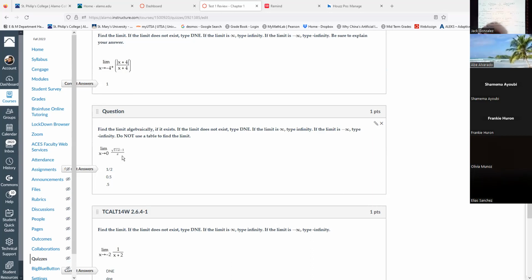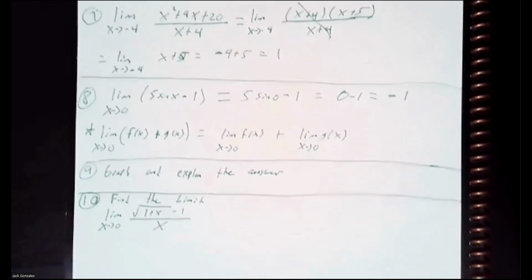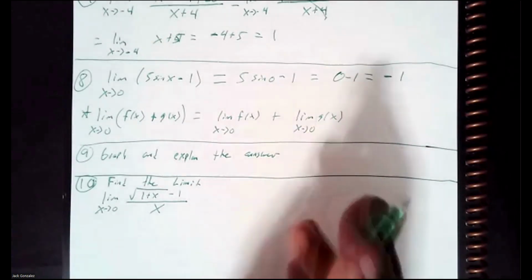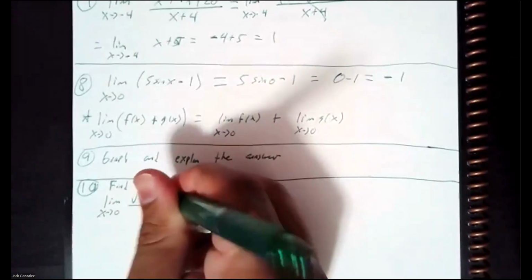The limit of this guy. So here again, I don't think I tell you, on the review at least. Oh yeah, it says algebraically. So we have to use algebraic techniques, and that's going to be the conjugate.